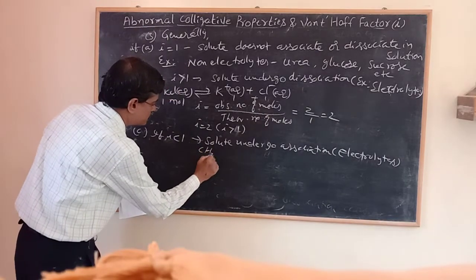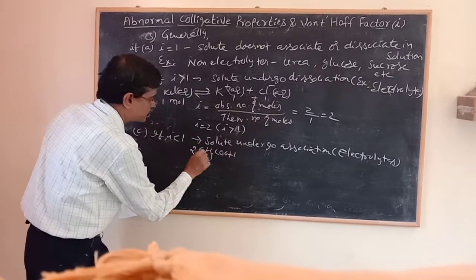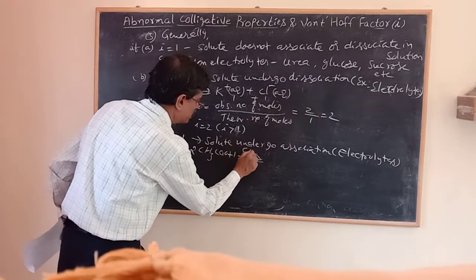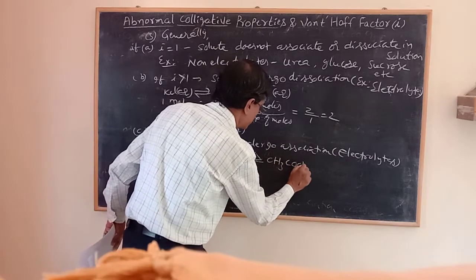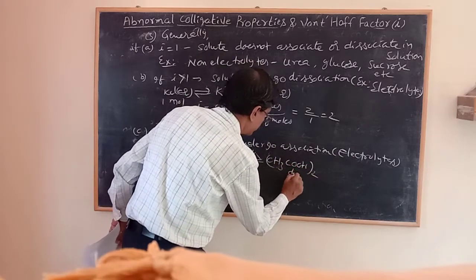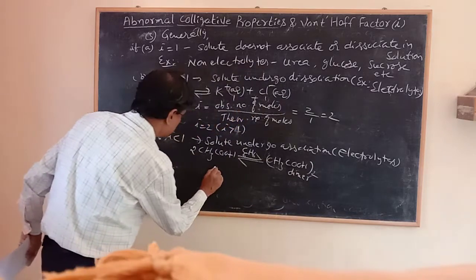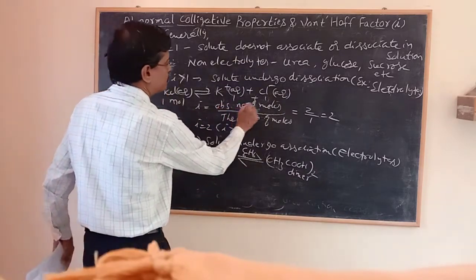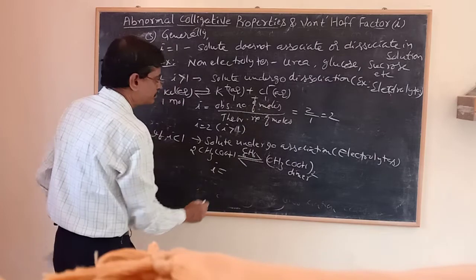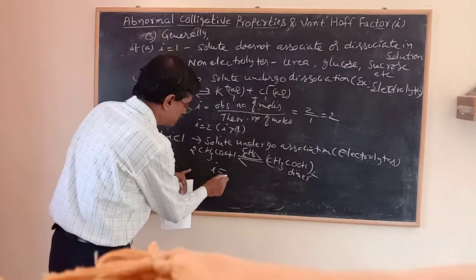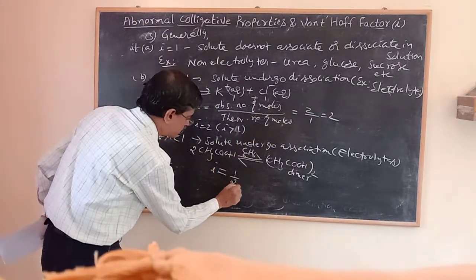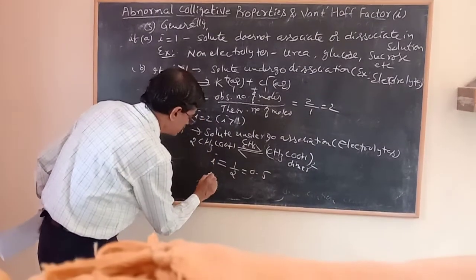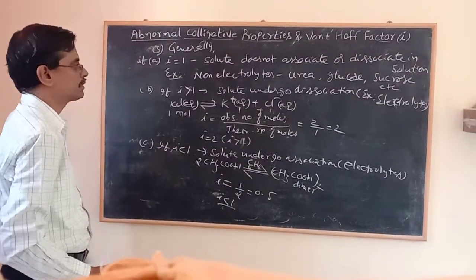Example, CH3COOH, taking 2 moles in the presence of benzene medium, associates to give (CH3COOH)2, a dimer. i is again calculated using the previous formula. Observed number of moles is 1 divided by theoretical number of moles 2, so it is 0.5, that is i is less than 1.